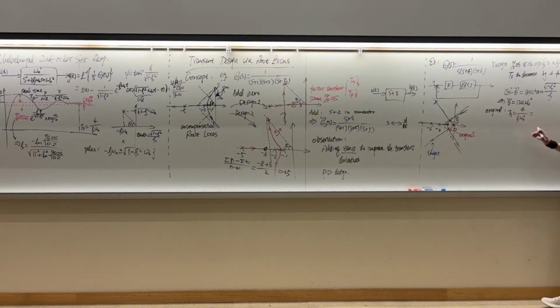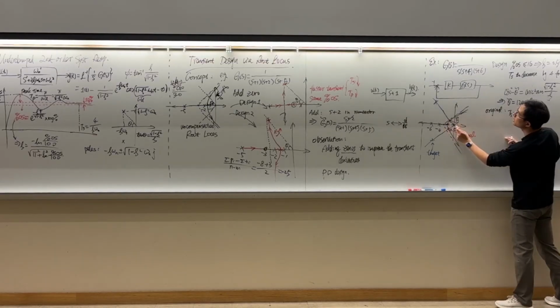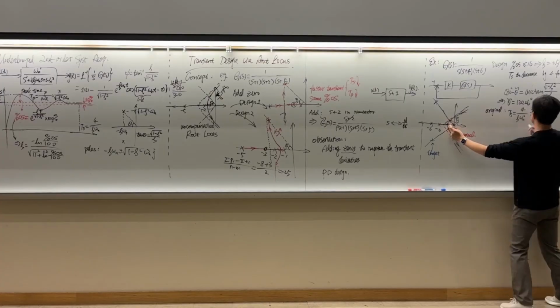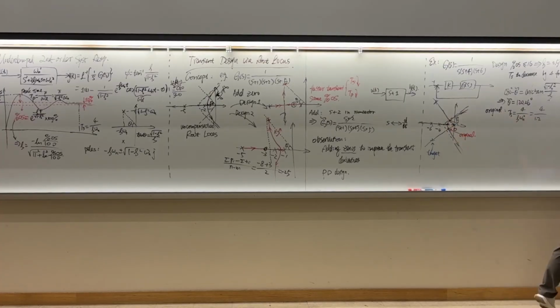So the result is about 0 here, and 4 here. This is about negative 1.2 something. So it's 4 over 1.205, and that equals 3.32. So that's the original settling time.